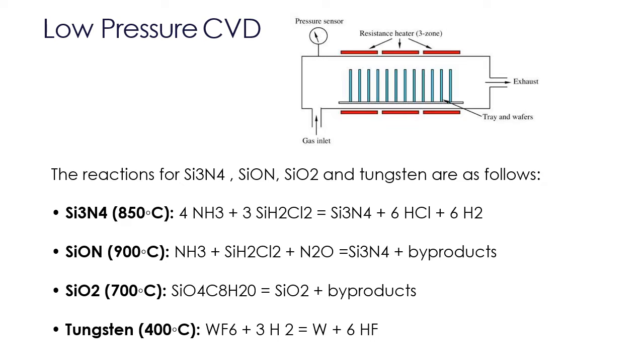For example, we can create Si3N4, SiON, SiO2 and tungsten. The reaction equations can be seen below, showing how Si3N4, SiON, SiO2 and tungsten are created.